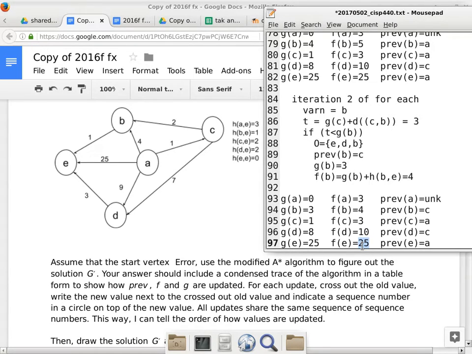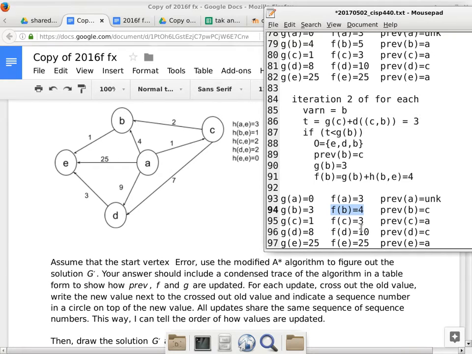B, okay, so that means B is the most promising candidate at this point. Remember, the f value is basically the estimate of going from the start vertex through vertex B to the destination, and it is the least expensive amongst all the alternatives. So we are choosing the most promising candidate to explore. It's like, okay, let's pick this one and explore it first.